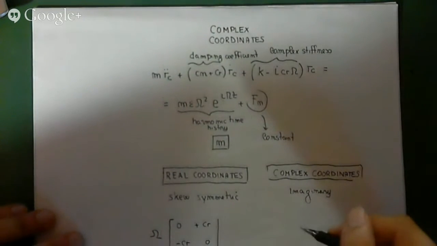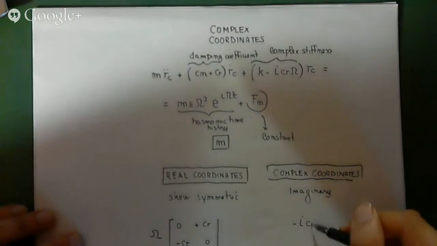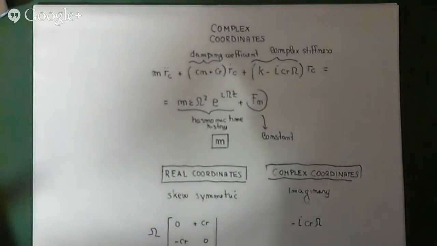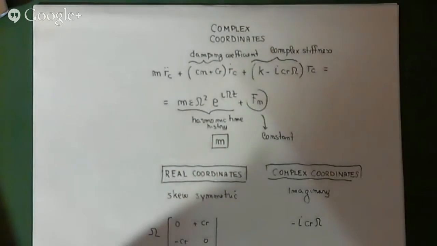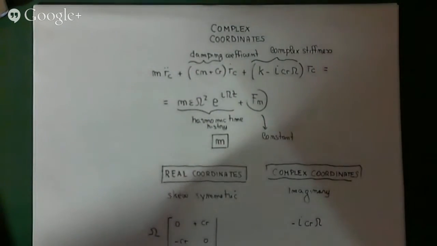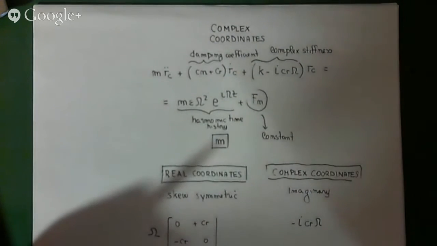Now we have minus i CR omega, that is imaginary. This is a very, very general rule: what is skew symmetric in real coordinates is imaginary when complex coordinates are used.